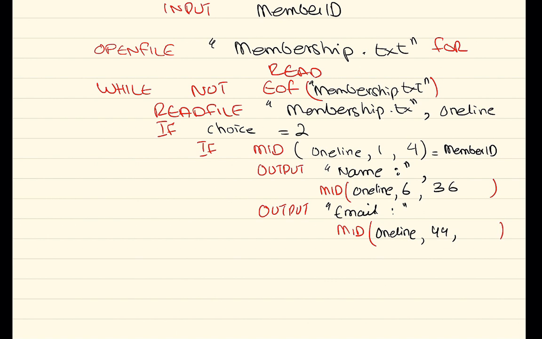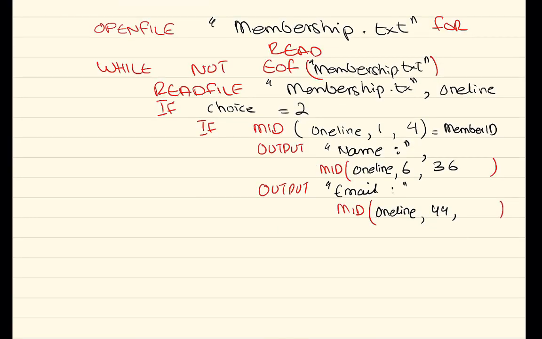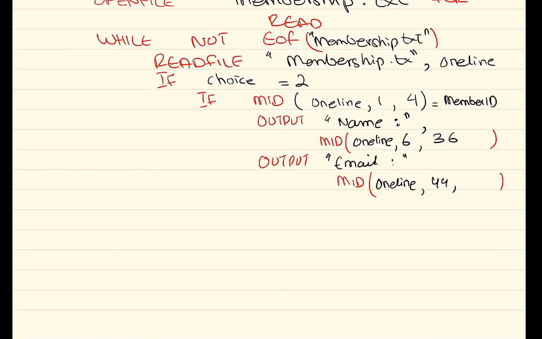Alright, so this is this. After the read file, we are going to close the file. So close file, the name of the file, which is membership.txt.